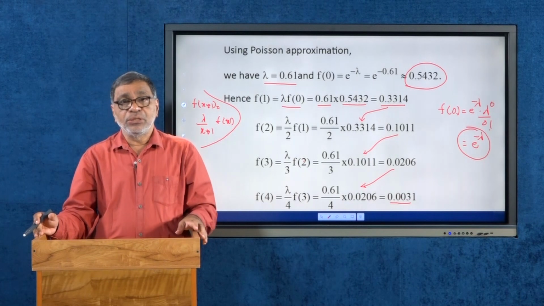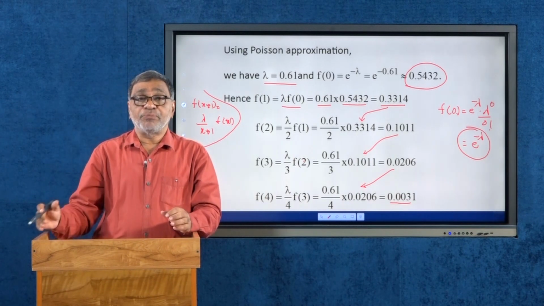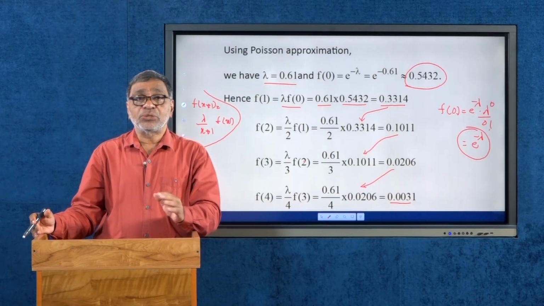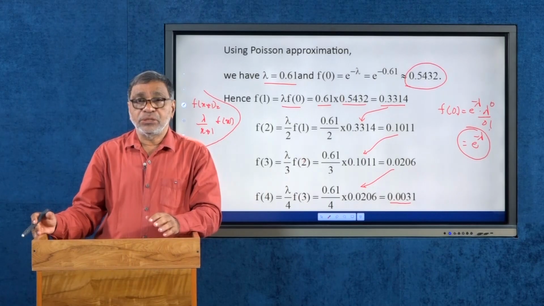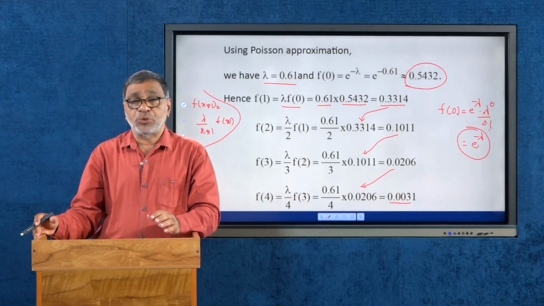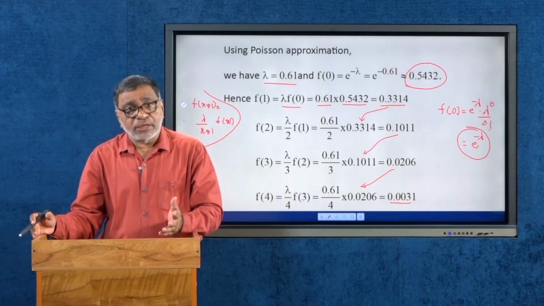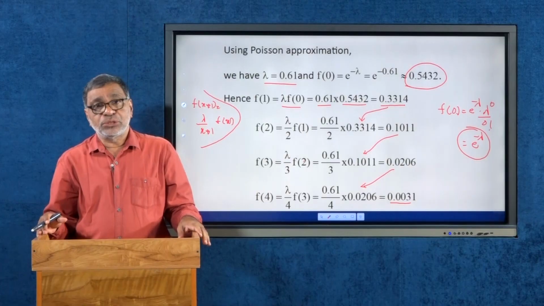Based on the sample mean you can find the Poisson probabilities using the recurrence relation, which makes it convenient, and after getting the Poisson probability values, we can find the expected frequencies.